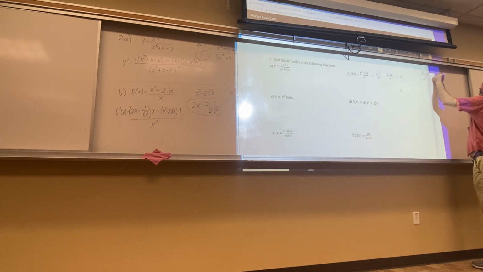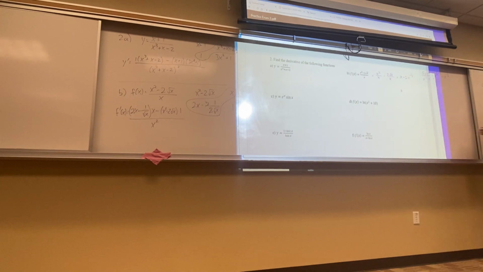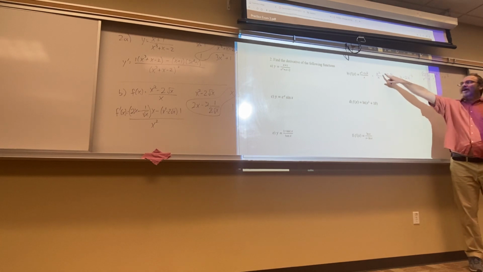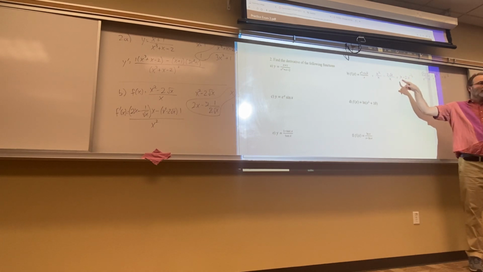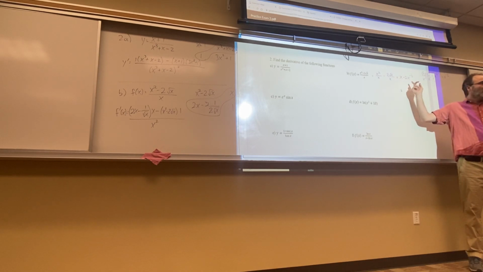So this whole thing is going to be x to the 1/2 minus 1, which is x to the negative 1/2. This is not derivatives yet, this is just algebra. Square root of x over x is x to the negative 1/2.